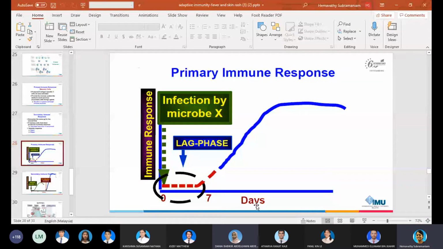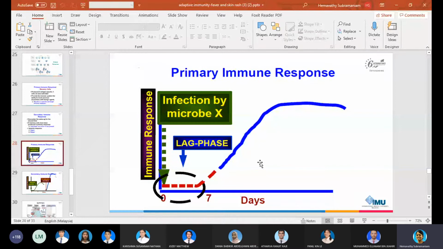From 0 to 7, the reason it's a long time is because it's the first time this body has been infected with that specific microbe. Very good, this is the reason it's a longer time, because they're making memory cells. That's the concept for primary immune response, because it's the first exposure to that particular antigen.